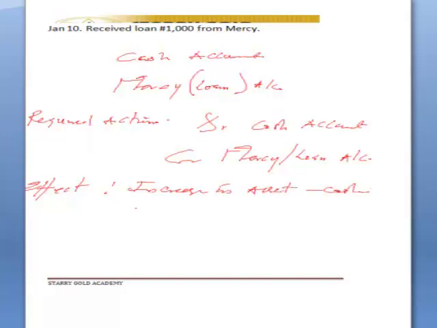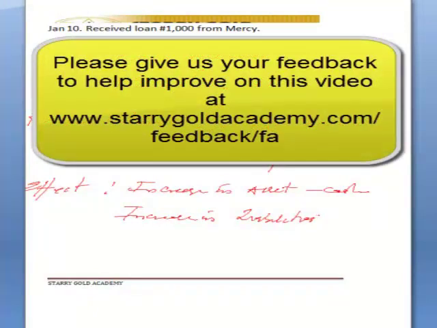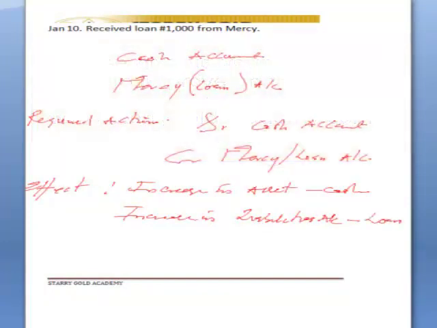Then there is also increase in liabilities account, which is a loan or Mercy account. So this is how entries are being taken. So this is just a preparation of how the double entry principle is being posted.